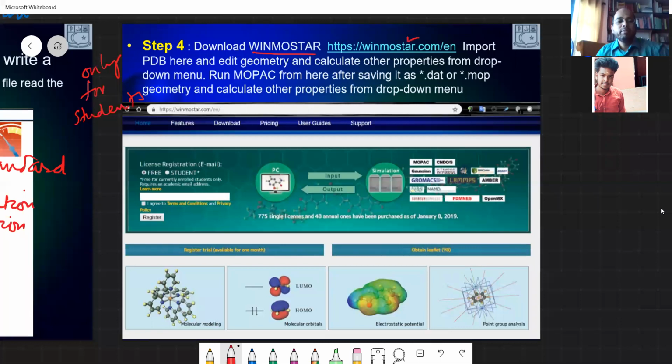Import the PDB here. The XYZ you did and the optimization you did here using Mopac. After optimization, it will be saved as an ARC file and .out file. You can import the DAT or MOP file here itself in the Mopac, and you can see the structure.